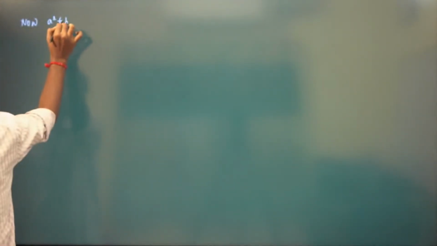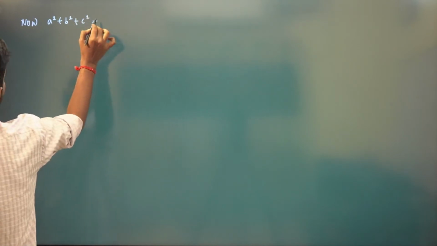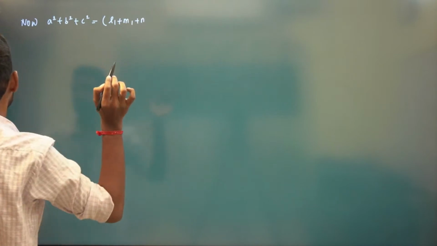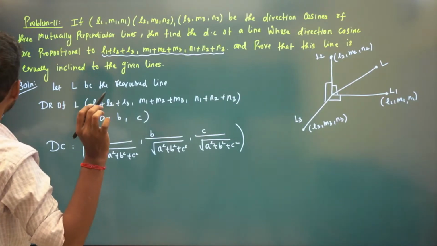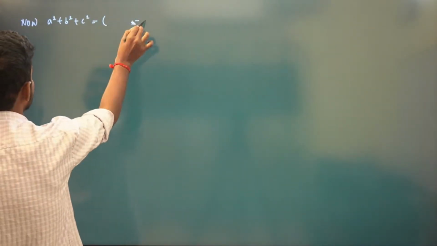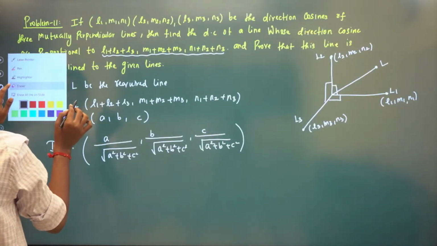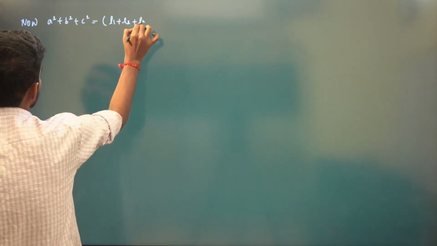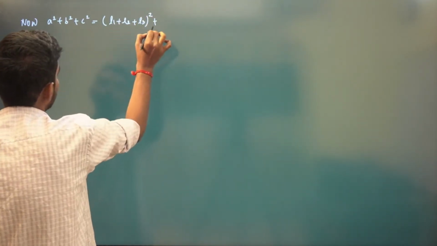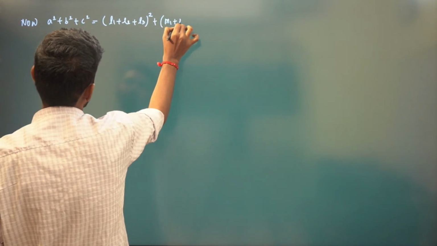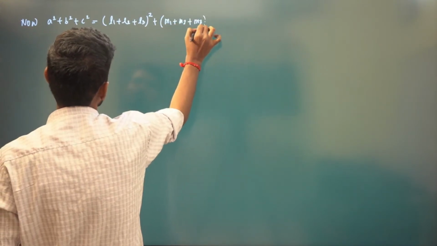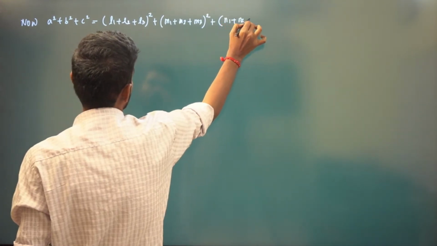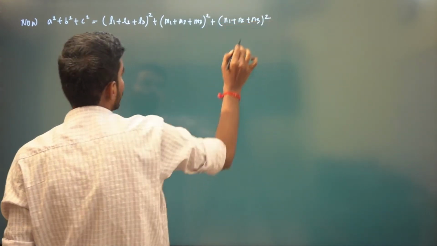What is a square plus b square plus c square? a is L1 plus L2 plus L3, whole square. b is M1 plus M2 plus M3, whole square. c is N1 plus N2 plus N3, whole square.